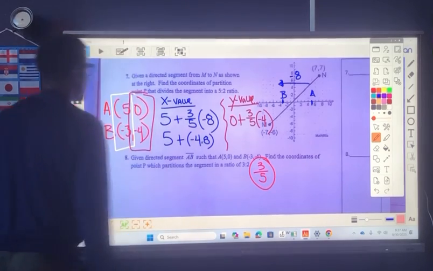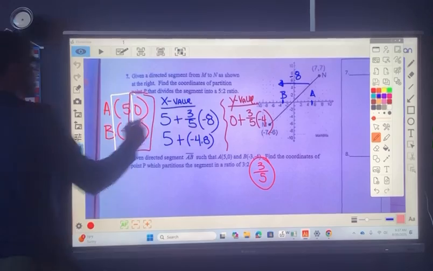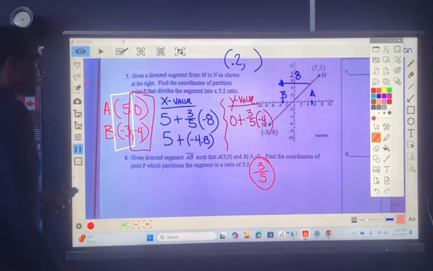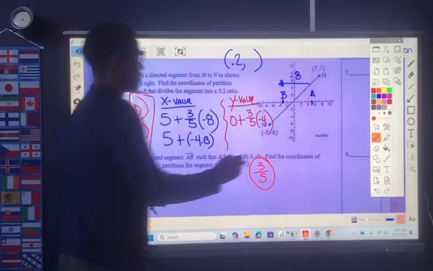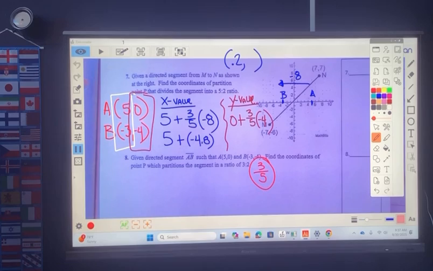Now, what is 5 plus -4.8? 0.2. Nice work. So yes, you have an x value of 0.2.